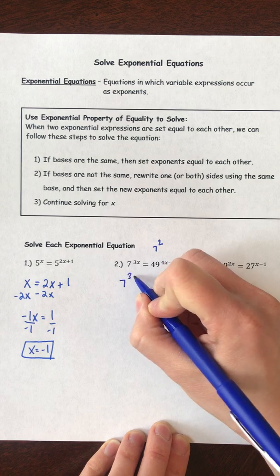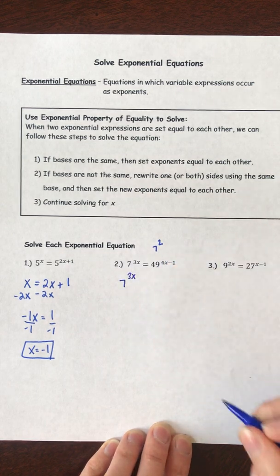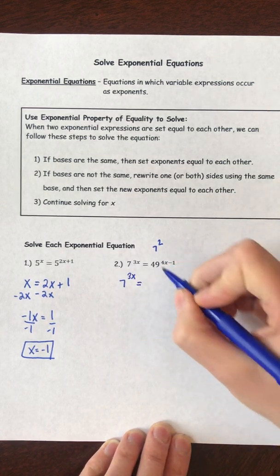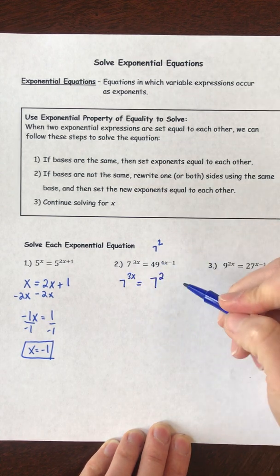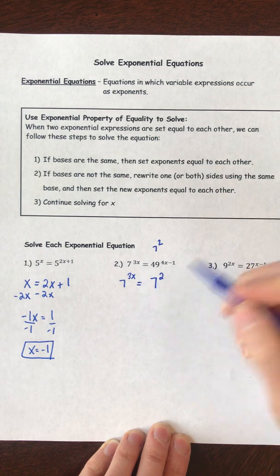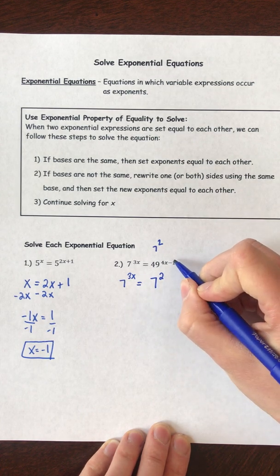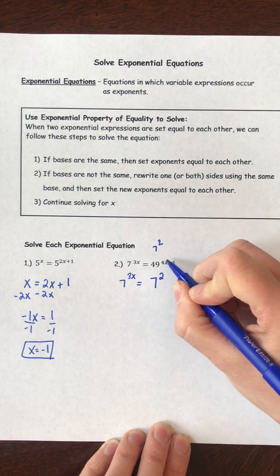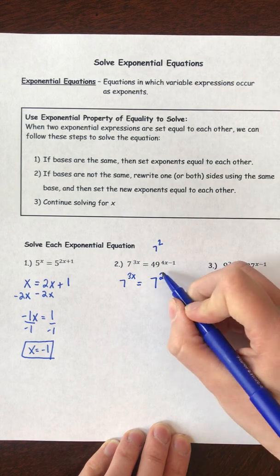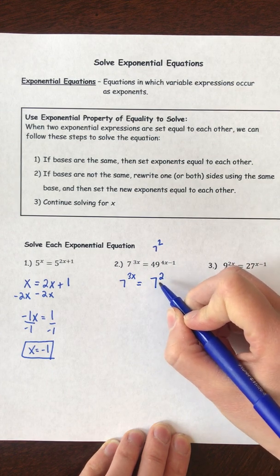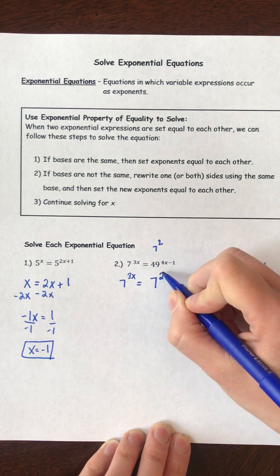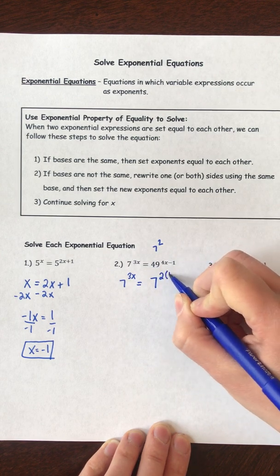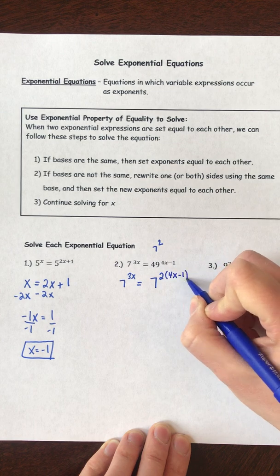So I don't need to do anything with the side that's 7 to the 3x. But I am going to rewrite 49 as 7 to the second power. So I'm not changing anything about the equation, I'm just changing the way it looks. But you can't forget that there already was a 4x minus 1 up there. So when you rewrite your new equation, and you rewrite this number as a base and a power, you're going to take that new power and multiply it to what was already there.